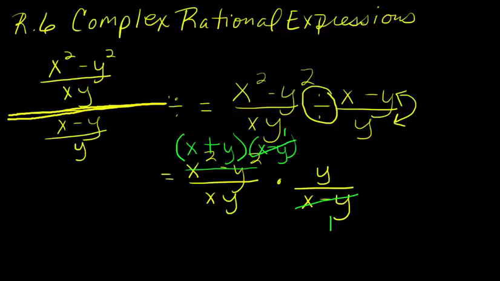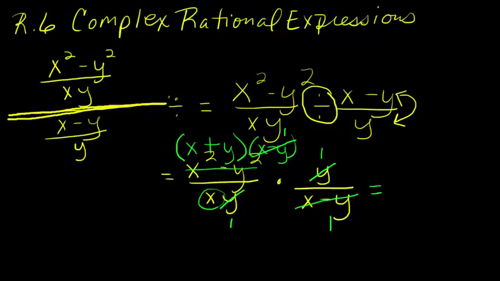And we look to see, do we have any other common factors? We see a y right here up in that numerator and a y in this denominator. Both of those will cancel out to also give us ones. Then we want to look to see, what do we have left? There is nothing else to cancel. We only have an x right here, but we do not have an x by itself up in the numerator as a factor.